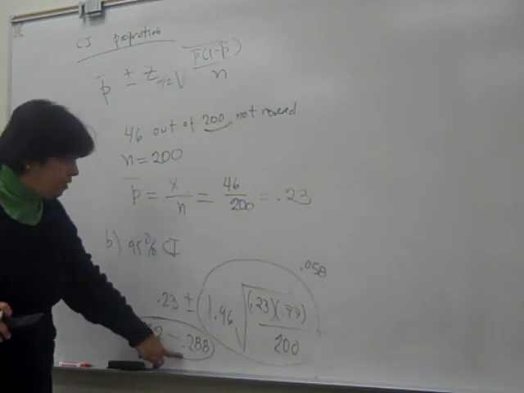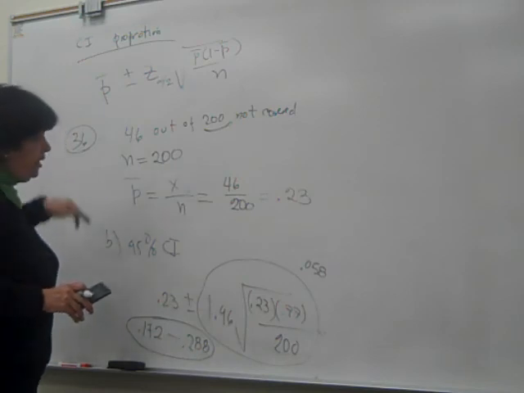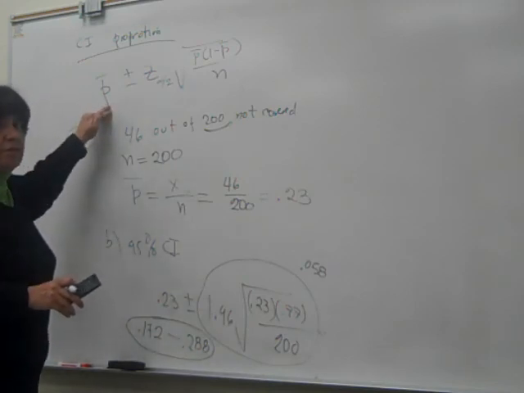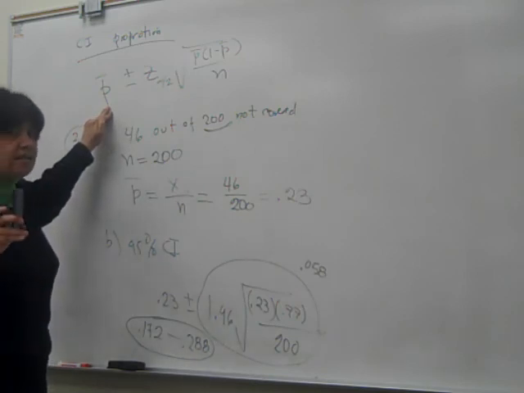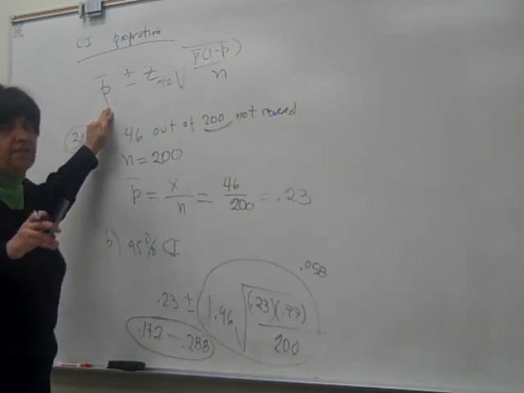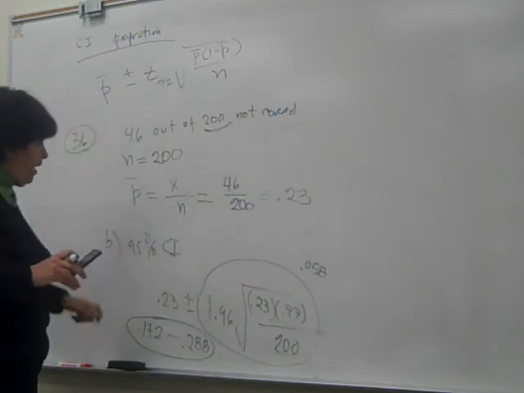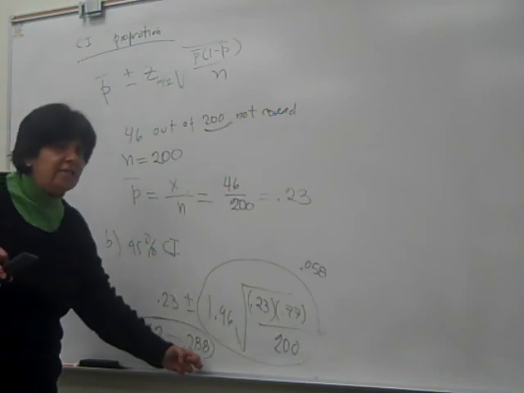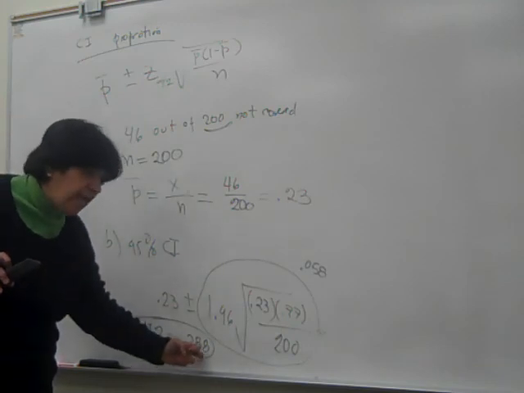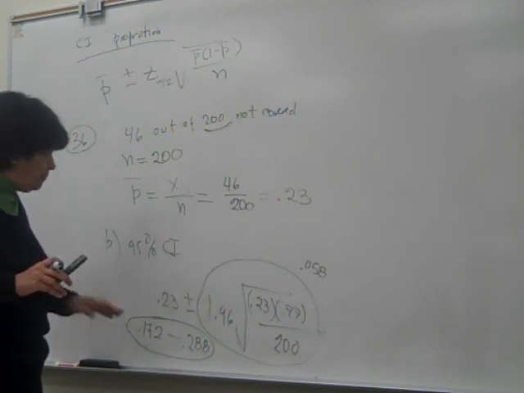Okay, 0.172 to 0.288. So what I'm saying here is that I am 95% sure that of all the vehicles in the United States, if that is the population, between 17.2% and 28.8% do not have insurance.